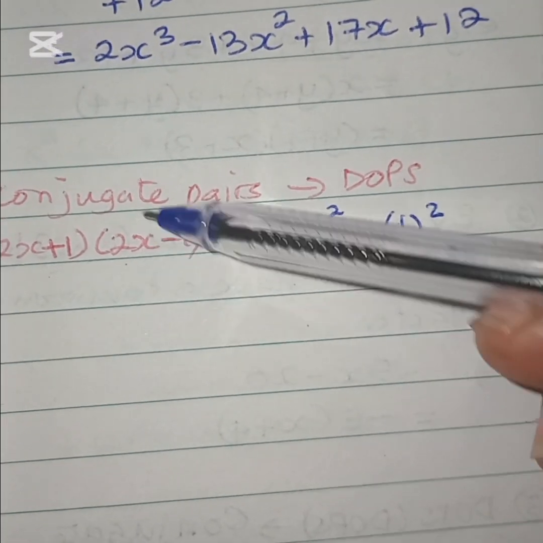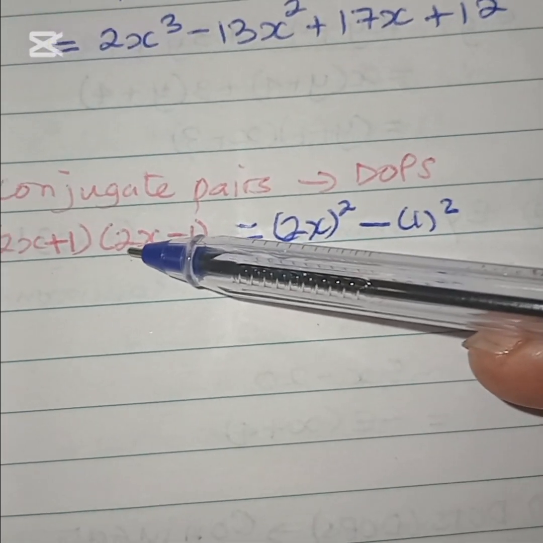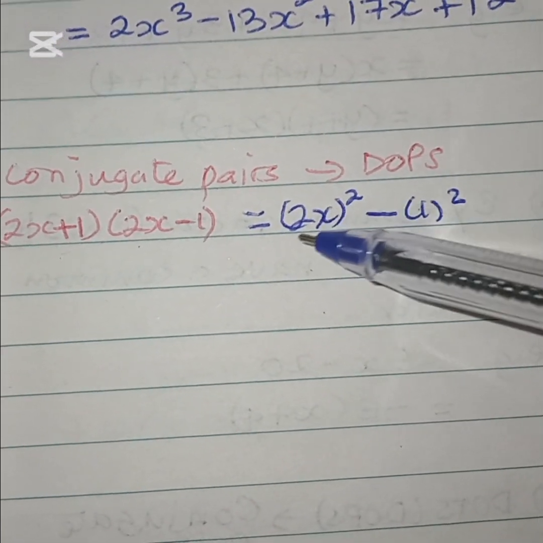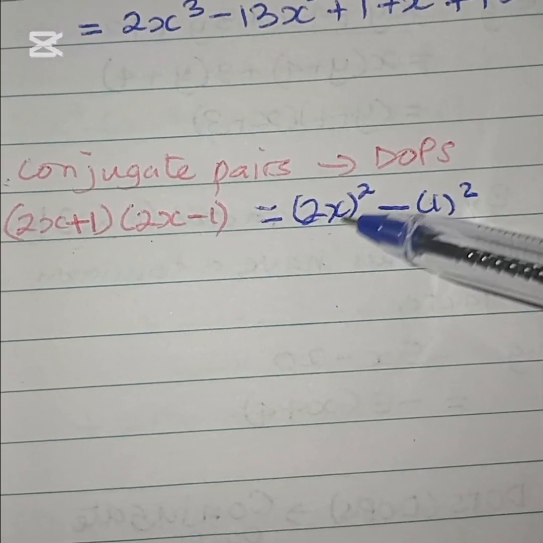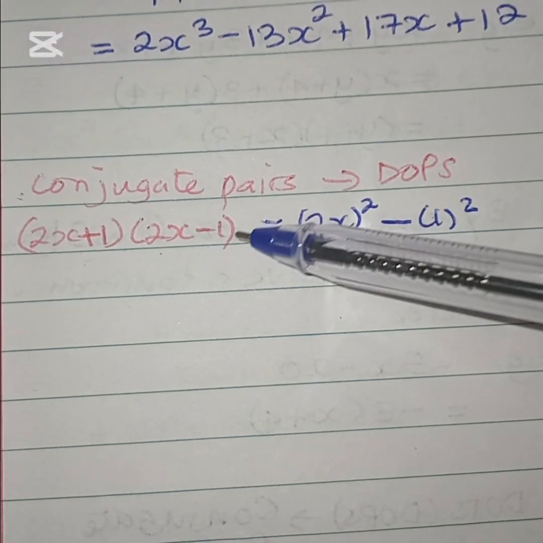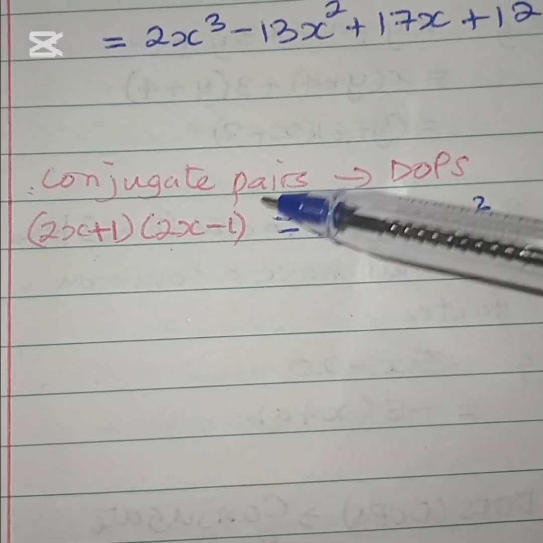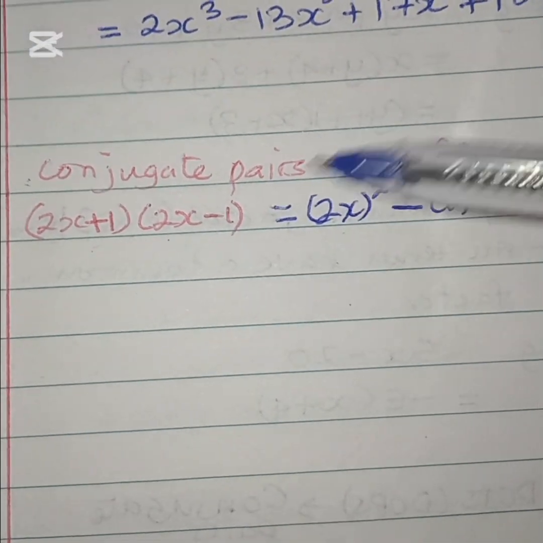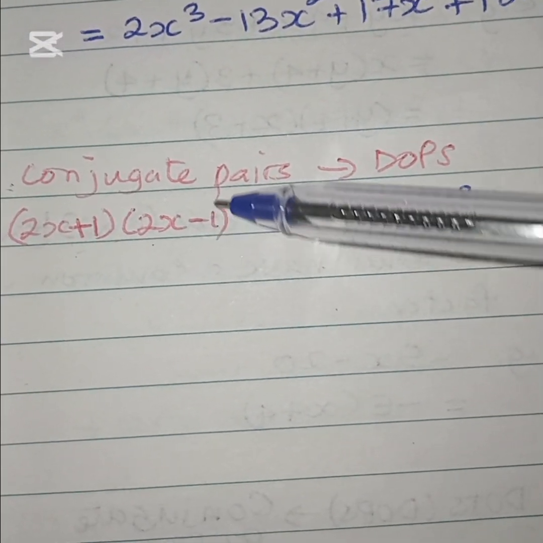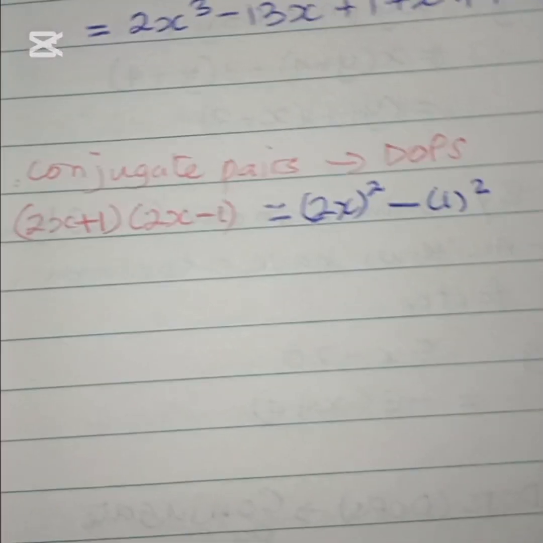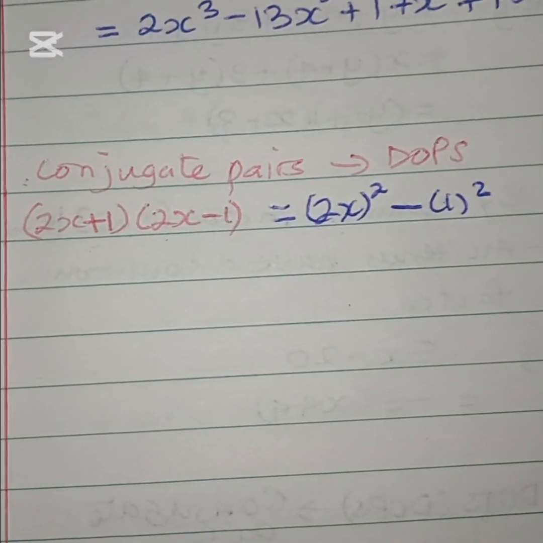Of course, the first term has a pronumeral and a coefficient, 2x, so we square both the number and the letter. And the second term is 1. It doesn't matter if you square the negative 1 or the positive 1. If you square the negative 1, you will still get the positive 1. If you square the positive 1, you still get the positive 1.